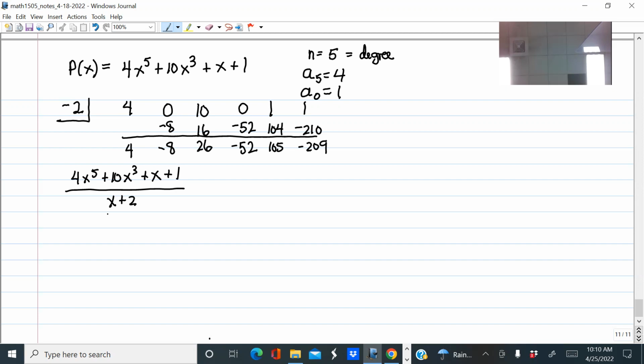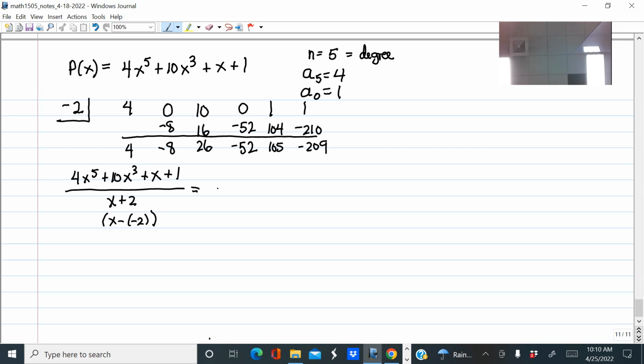So you think of this as x minus minus 2, which is the same as x plus 2. So if you take this polynomial and divide it by x plus 2, then your quotient is going to be this, and here is your remainder.